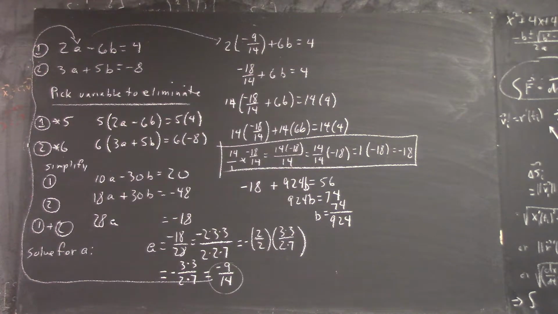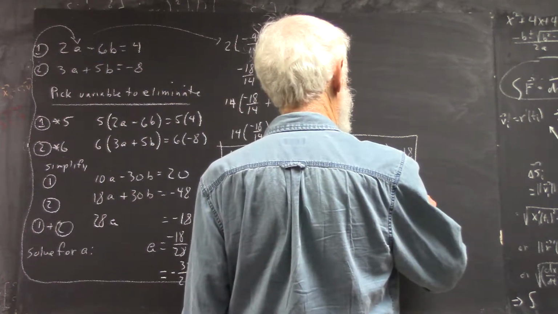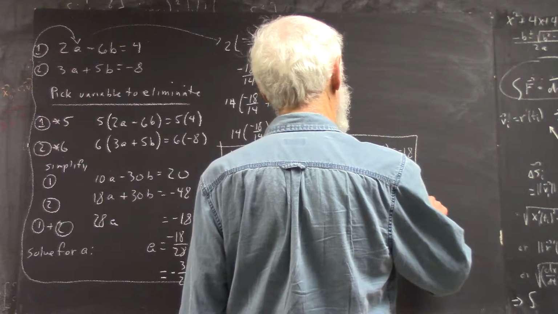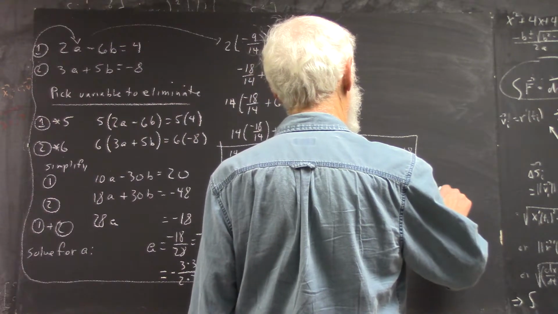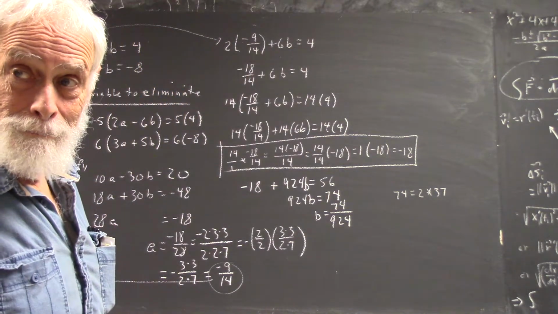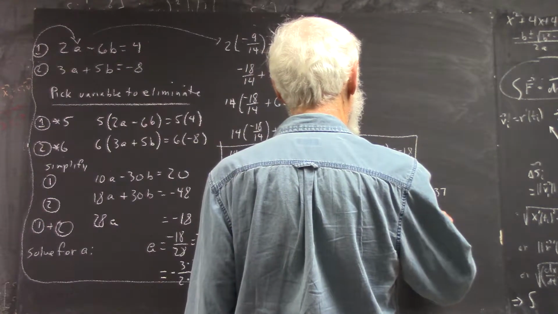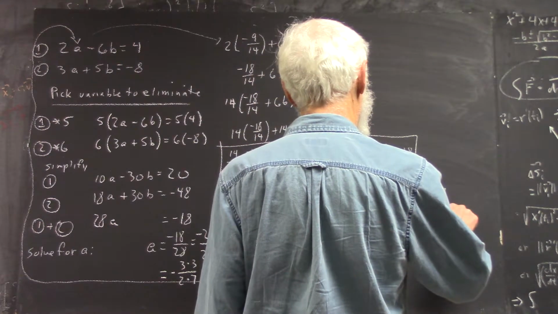Okay, well, can you reduce that? There's a couple of ways to reduce things, but the way I'm advocating in this course is you factor them. So over here we say, okay, let's see. 74 is 2 times 37, isn't it? And 924 is 2 times 462.